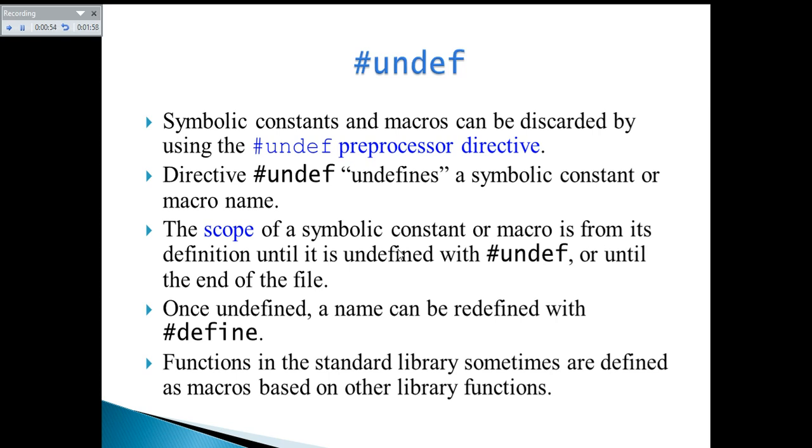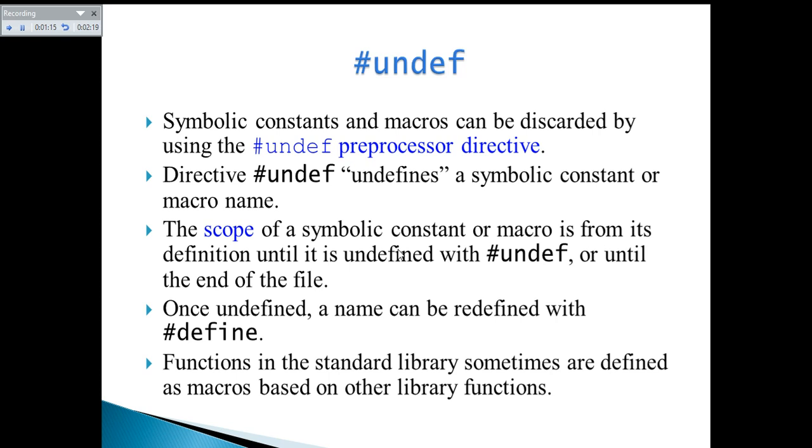Directive hash undef undefines a symbolic constant or macro name. So the preprocessor directive hash undef undefines a symbolic constant or macro name. The scope of a symbolic constant or macro is from its definition until it is undefined with hash undef or until the end of the file.